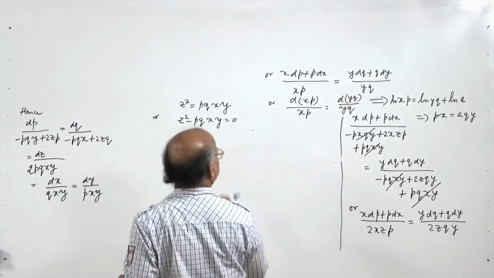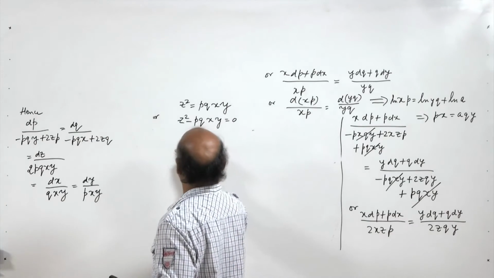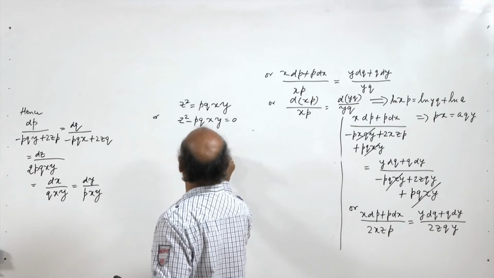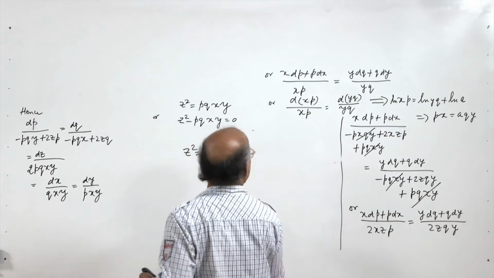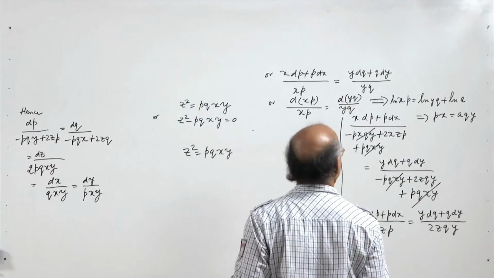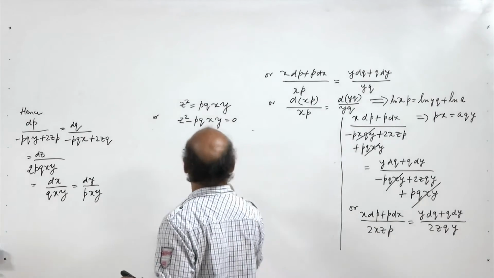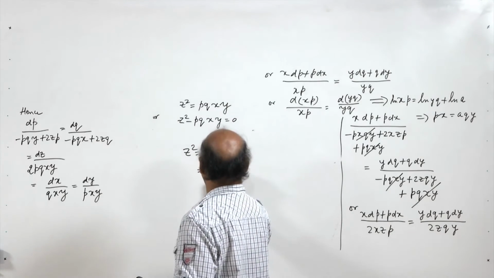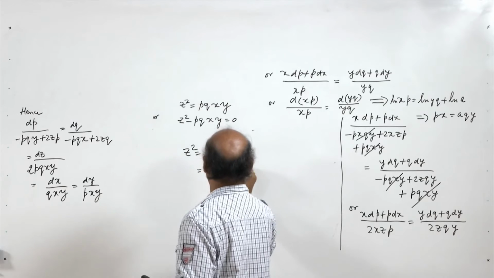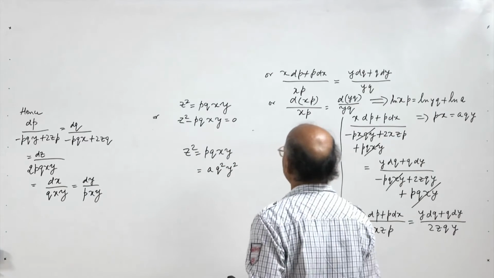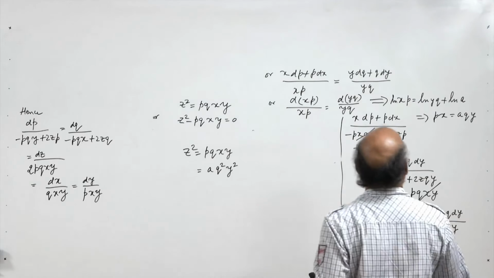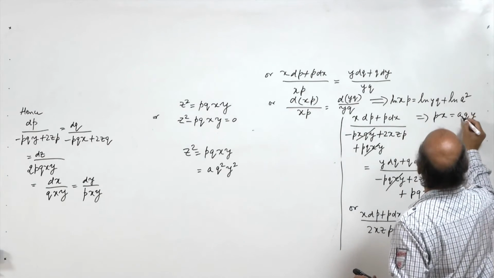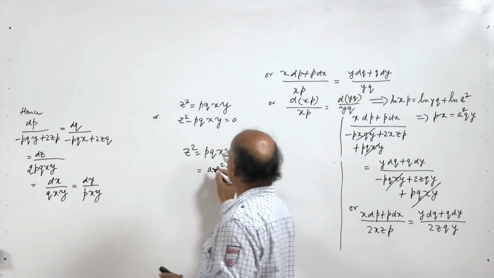Since z squared is pq xy, let us put the value of px equal to a yq. It is better if we write a squared here.